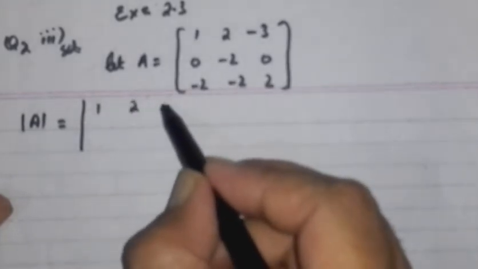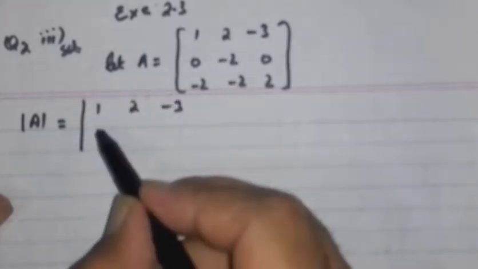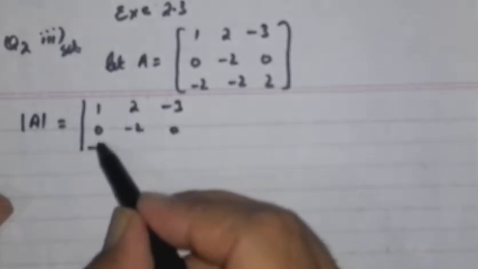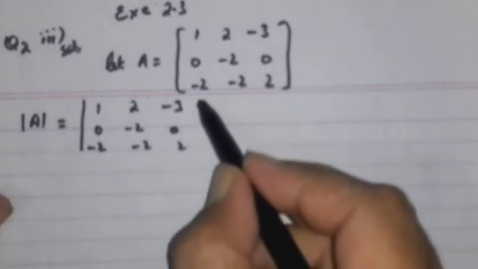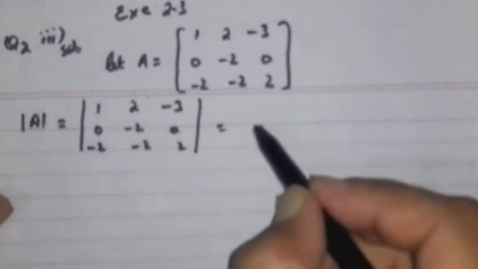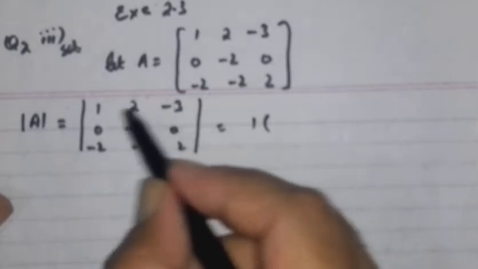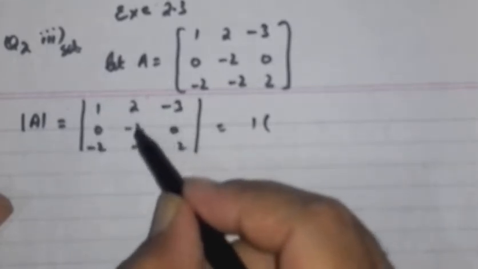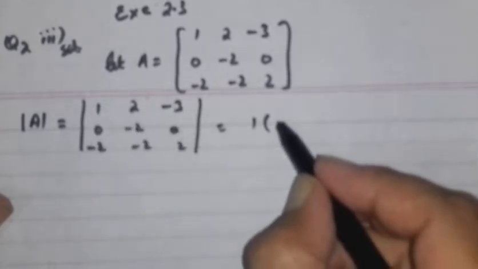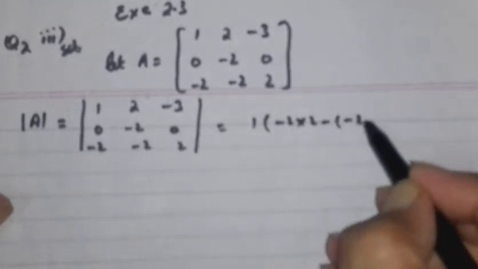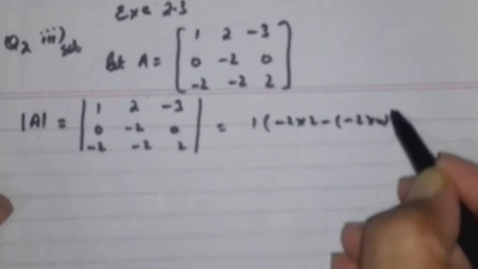2, 1, 2, minus 3, 0, minus 2, 0, minus 2, minus 2, 2, 1. Cancel these. Minus 2 into 2, minus 2 into 2, minus 2 into 0.